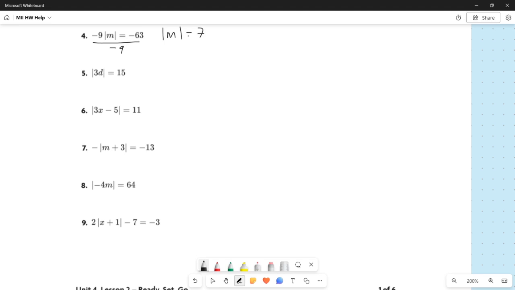Swap out an m for an x, and this is now identical to question number 1. Either the thing inside the absolute value is positive, or it is negative. There's nothing left to do. I've just identified what m is, and so therefore m is plus or minus 7.